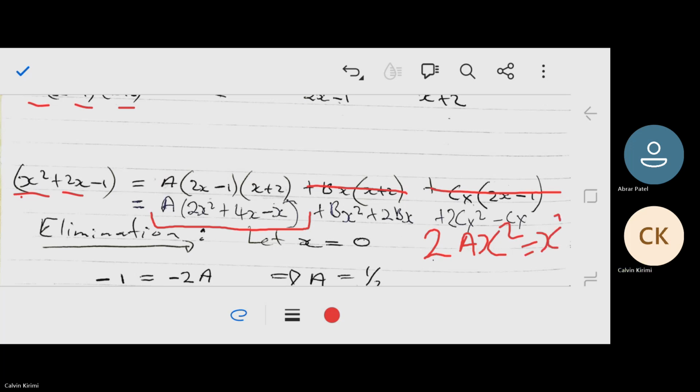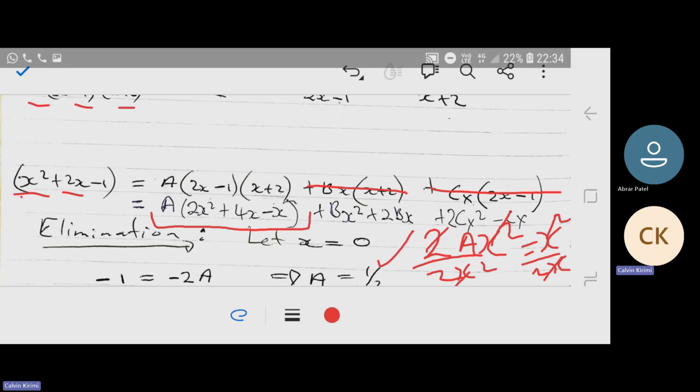And then you want to solve for a, which means you are going to divide both sides by what? You are going to divide both sides by 2x squared, and then they cancel. Then you are left with a half. That's where the a half is coming from.